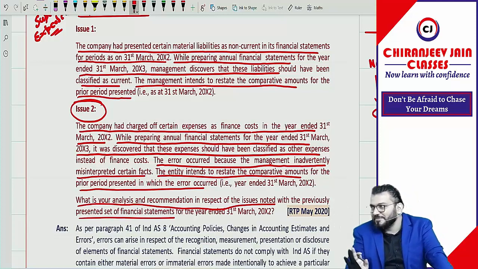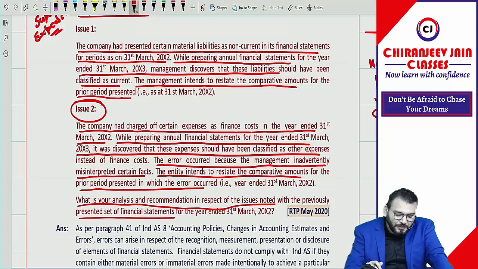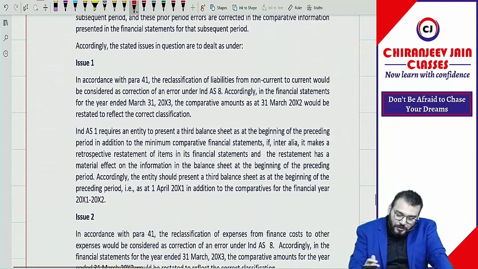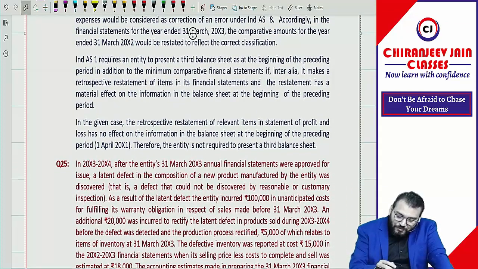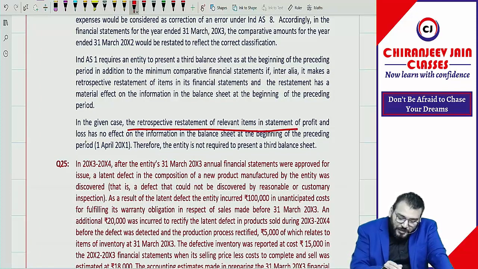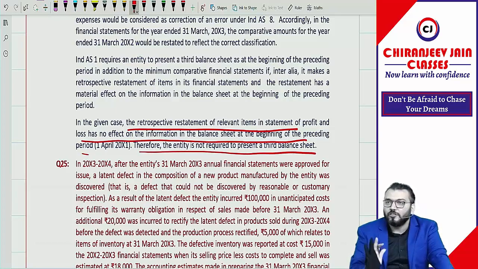No. It will never affect it. Therefore, for issue number 2, they have clearly mentioned that the retrospective restatement in SOPL has no effect on the information in the balance sheet at the beginning of the preceding period, and therefore the third balance sheet is not required.